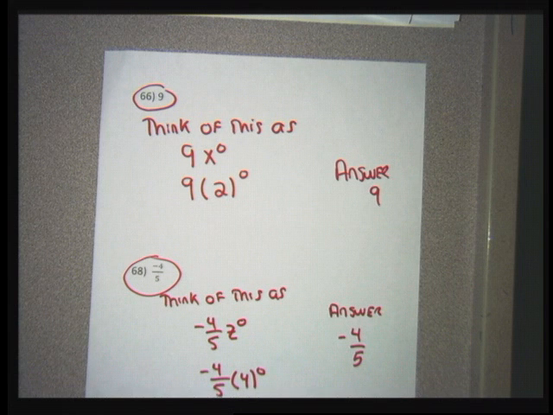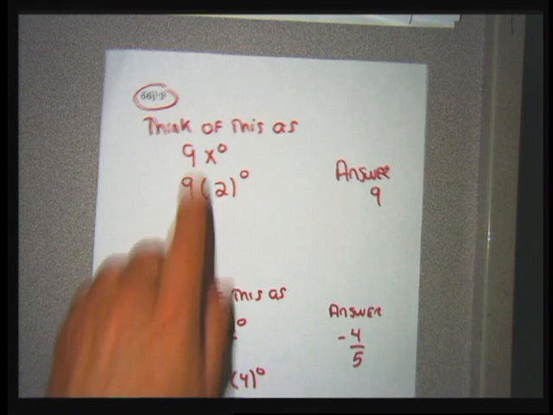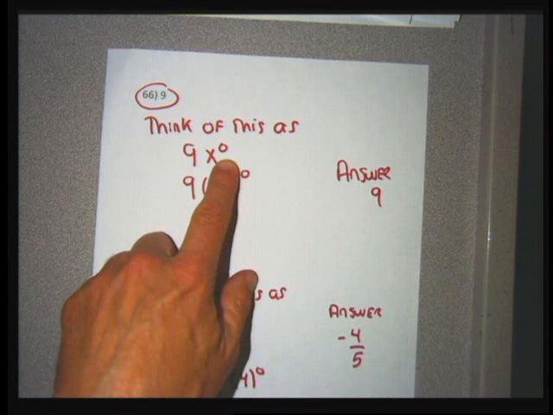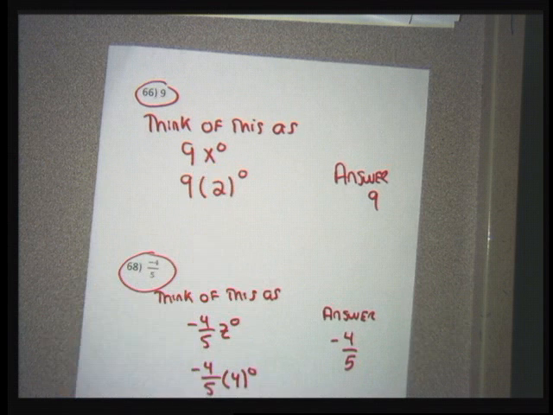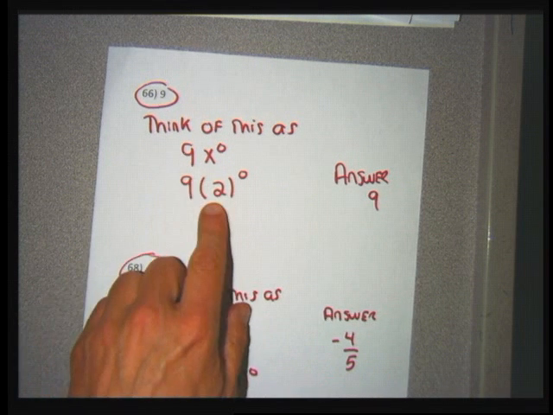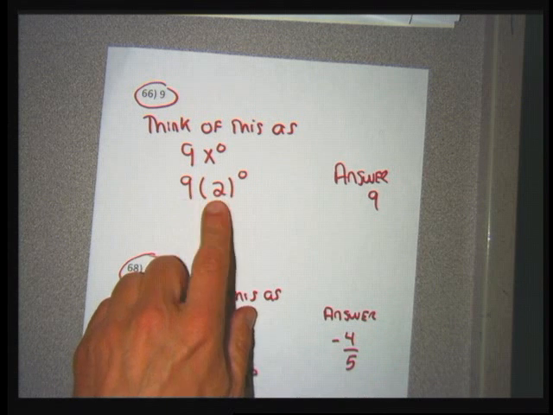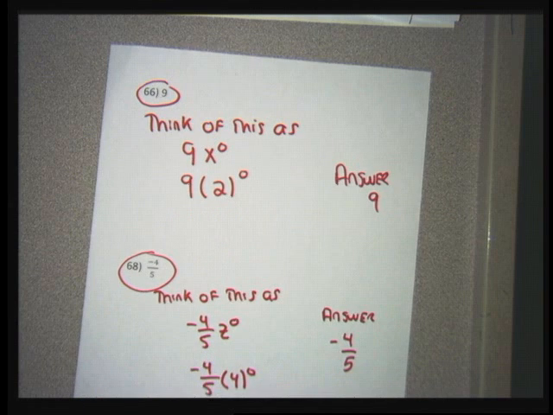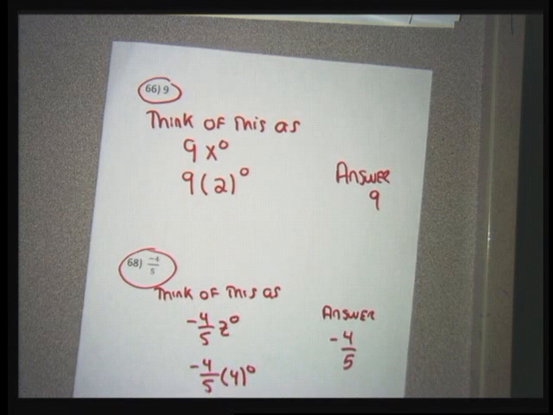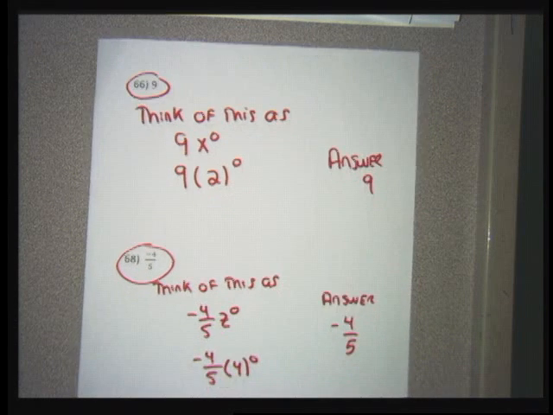I'm asking you to plug numbers in for a letter, and there isn't a letter there. You can always tack on any letter to the 0 power, preferably one of the letters in the problem, and then use that number that was given for that letter. But because the 0 exponent turns into a 1, this is 9 times 1, which is 9. This 0 exponent is 1. This is negative 4/5 times 1, which is negative 4/5.